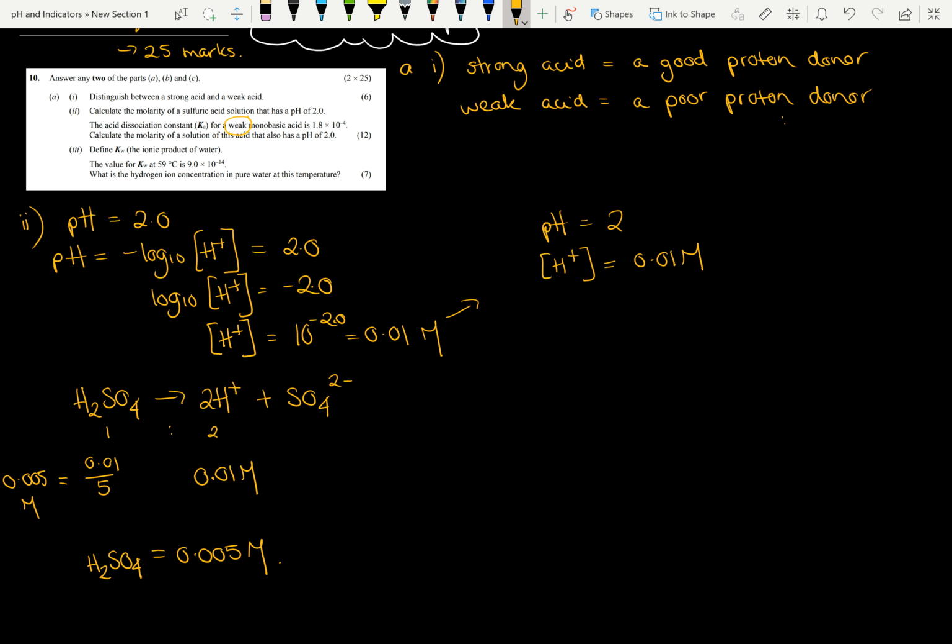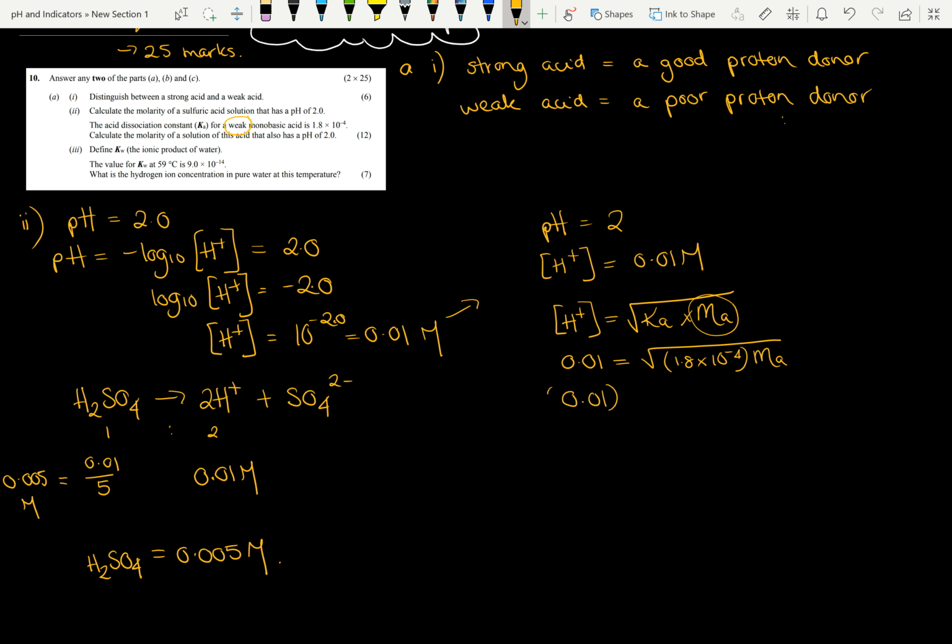Now what we need to do is use our equation for a weak acid. So we know that the amount of hydrogen ions in solution of a weak acid depends on the dissociation constant and the molarity. So this molarity here is what we want to calculate for our weak acid. So I know that the concentration of the hydrogen ions is 0.01, and I'm also told in the question what the Ka is. So I've got 1.8 by 10 to the minus 4 multiplied by the molarity of my acid.